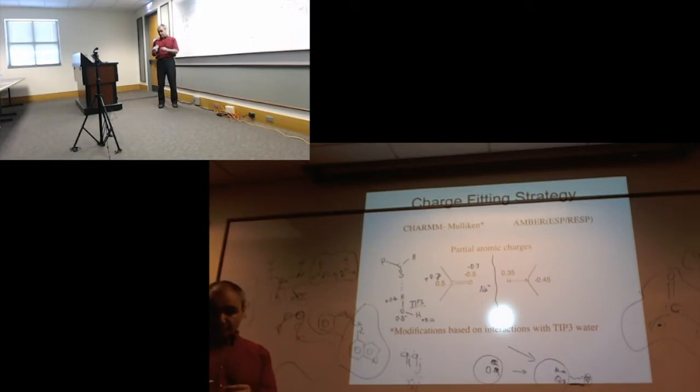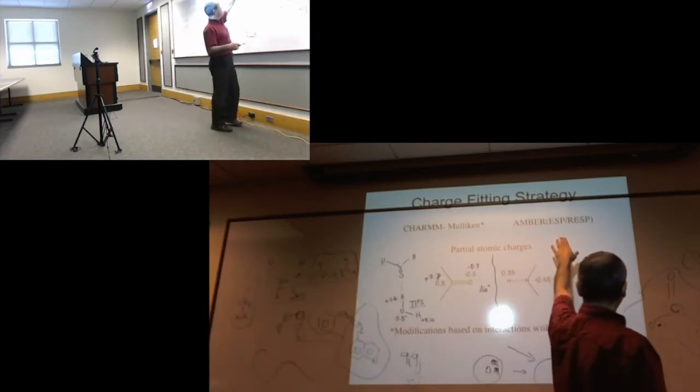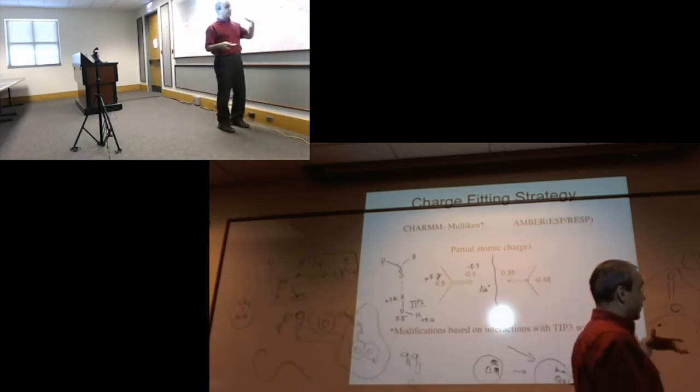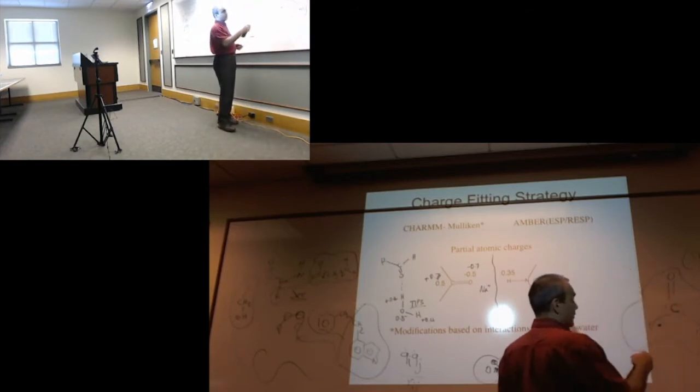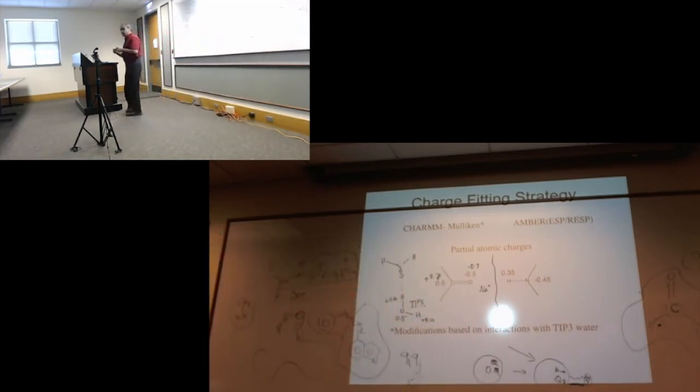Sometimes in papers you even see people say they didn't use it because it was difficult. So this electrostatic potential fitted, or restrained electrostatic potential fitted, charges approach is the philosophy of Amber. It's a little bit easier to do, and it has a different philosophy.